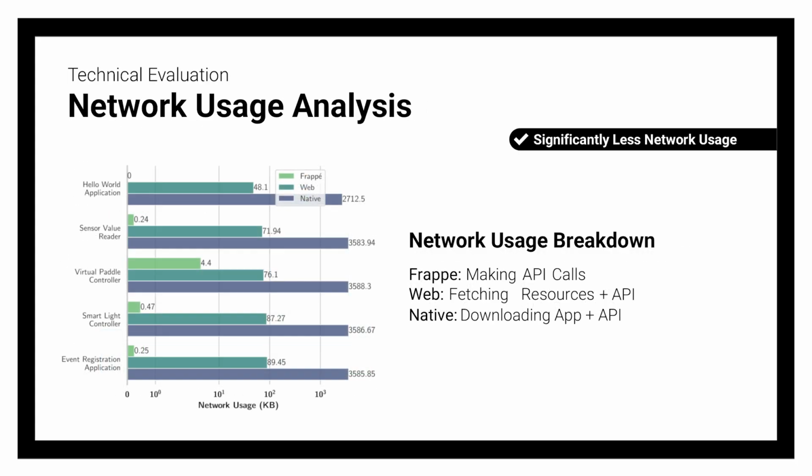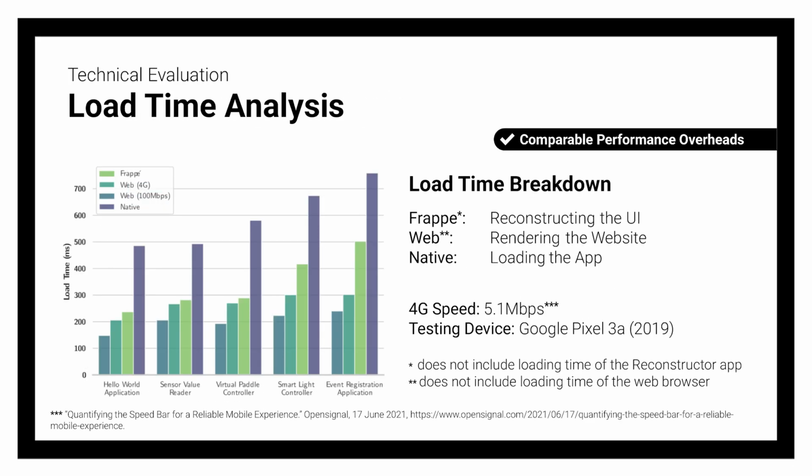Apps created using Frappé consume significantly less network resources as compared to web and native apps when comparing first-time or ephemeral use cases, since Frappé apps require network connection only for triggering app functionality. Lastly, apps created using Frappé demonstrate comparable load times to web apps accessed using high-speed internet and are significantly faster when compared to the load times of native apps.